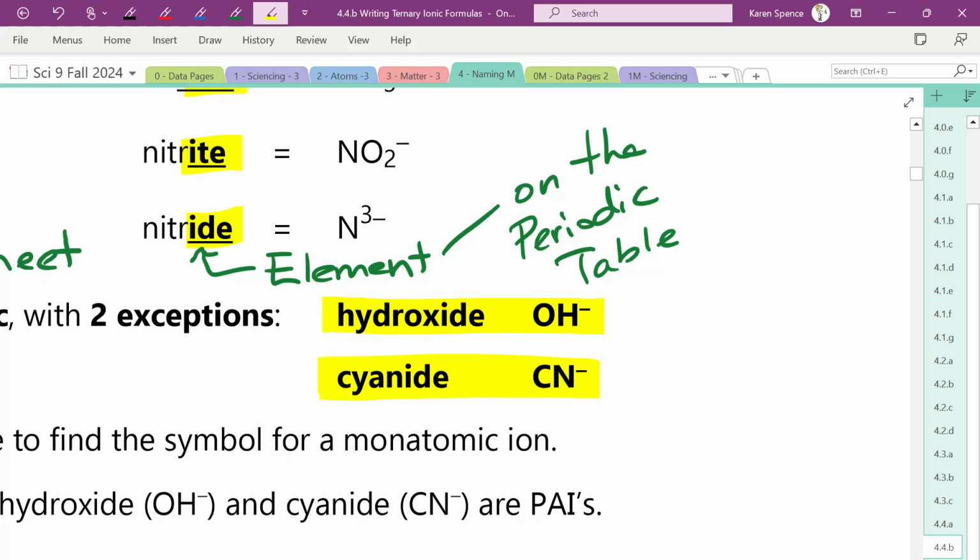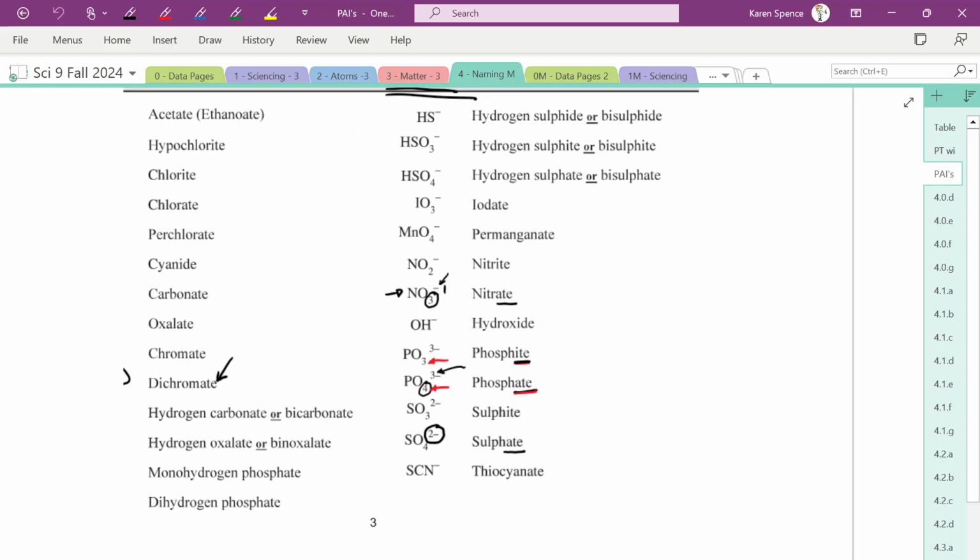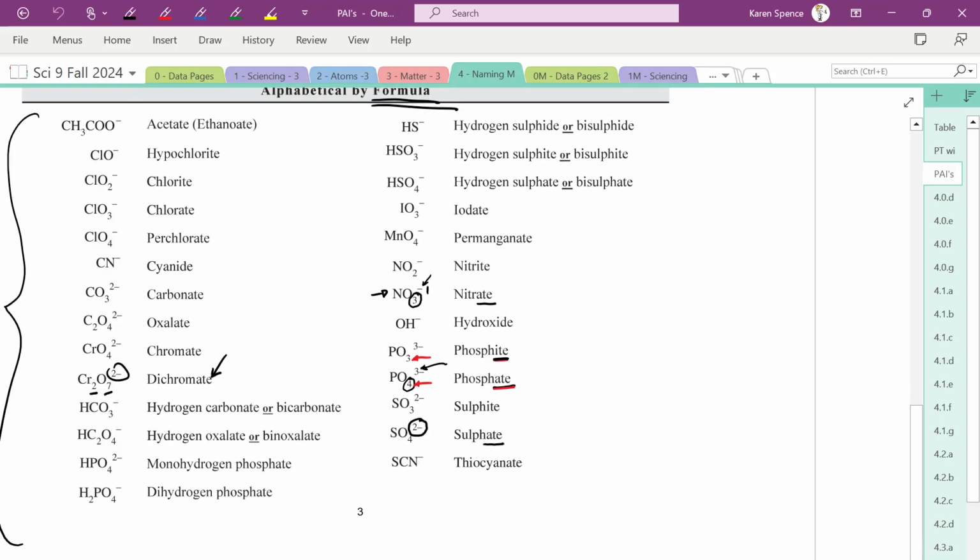So on your green sheet, you might say, I'm going to choose to highlight my hydroxide ion and my cyanide ion, just to remind myself that those are the only ides on that sheet.